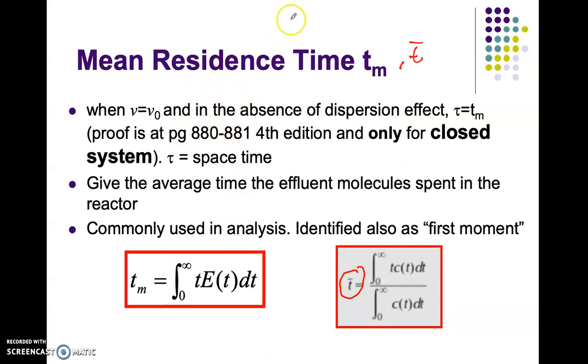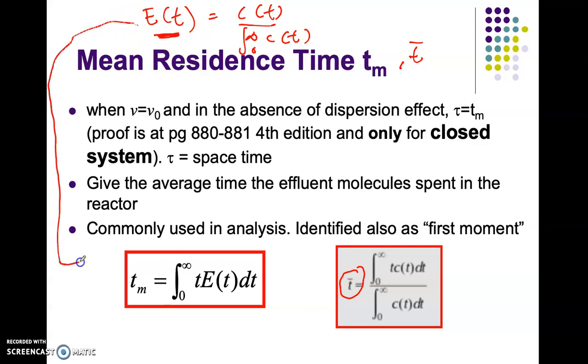Just now we know that E(t) is actually C(t) over the integral of C(t). This gives the mean residence time. It's important for you to determine E(t) first, because only then can it be used in calculating your tm.